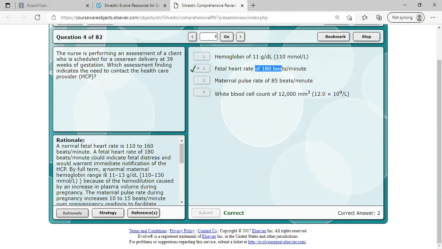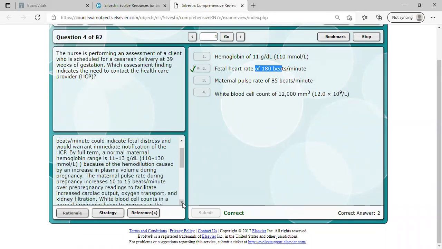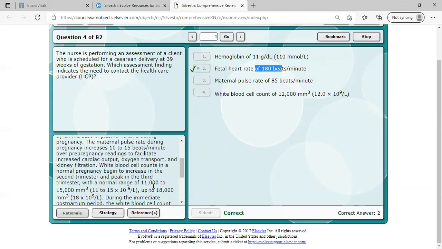At full term, the normal maternal hemoglobin range should be 11 to 13 gram per dL, because of hemodilution caused by the increase in plasma volume during pregnancy.